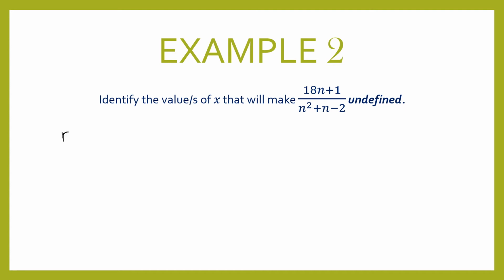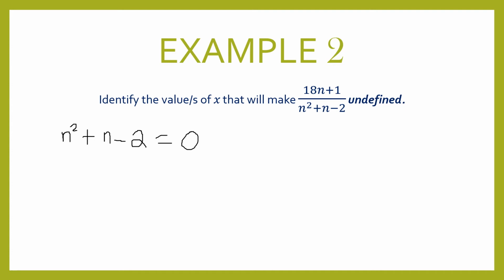So, step 1, equate n squared plus n minus 2 be equal to 0. Yun yung kailangan nating mapalabas para masabing undefined yung rational algebraic expression. So, second step. So, what can you see on this given expression?